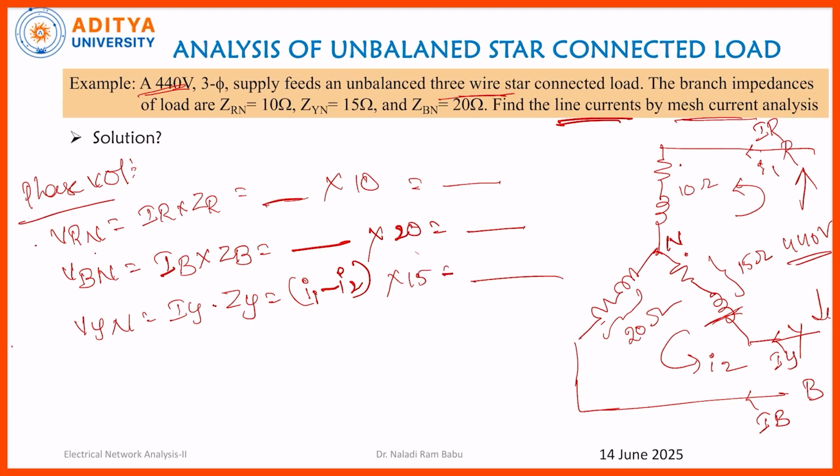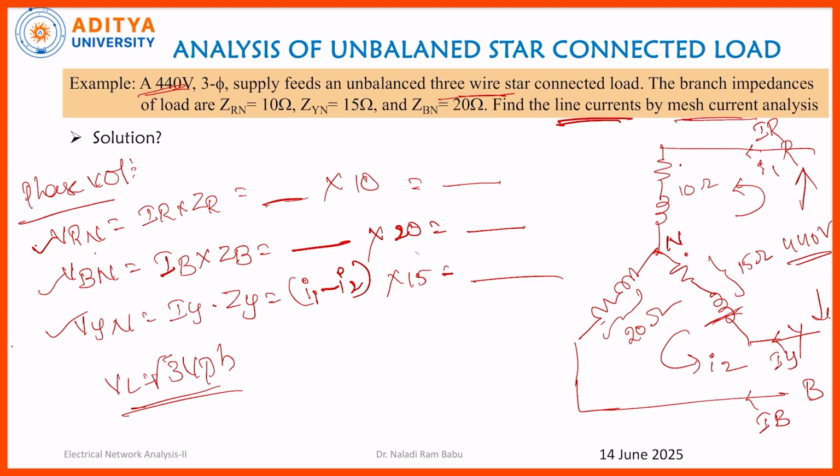Now we have calculated the values of phase voltages VRN, VBN and VYN, and after that we need to calculate the values of line voltages. We all know that line voltage is root 3 times the phase voltage. Like this we can calculate the values of line voltages.